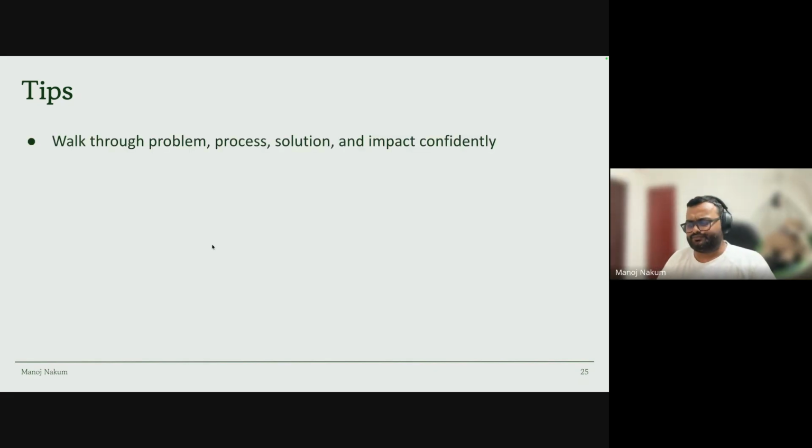Now, if there is a presentation, or it is online where you might have to present things and walk through your process, solution and everything, and they will give you feedback. Very few companies give it, but they might.